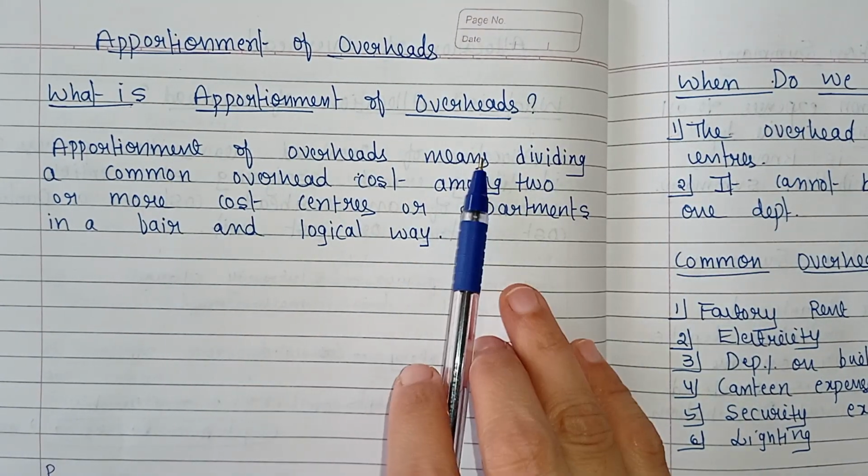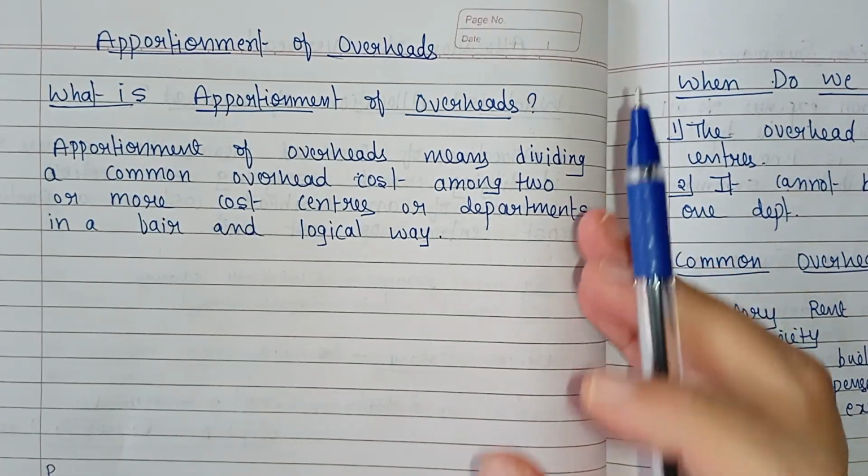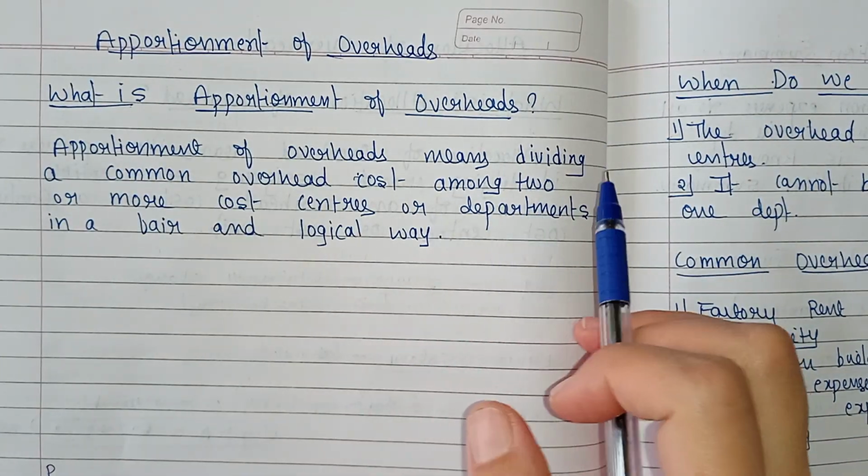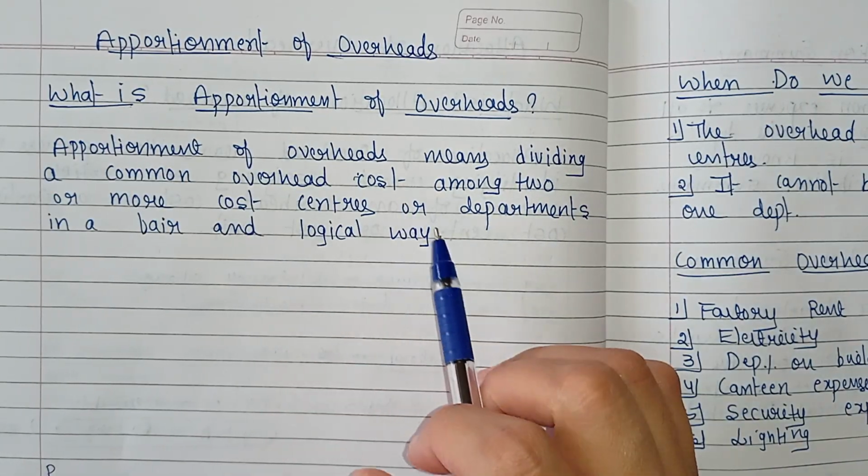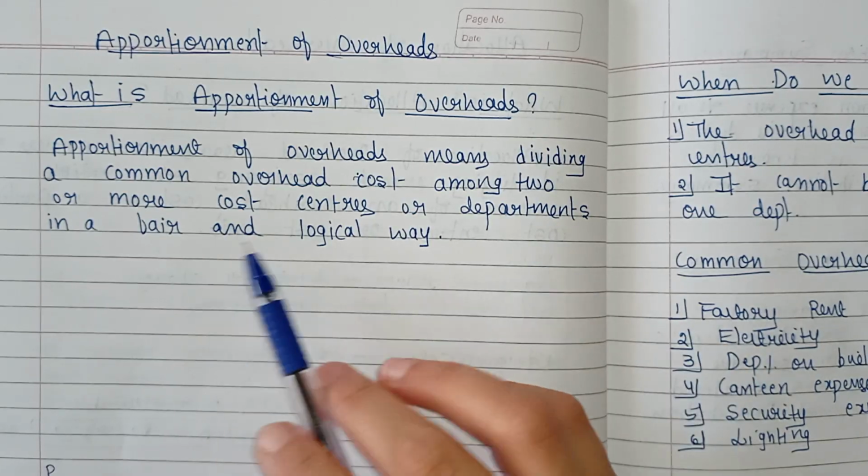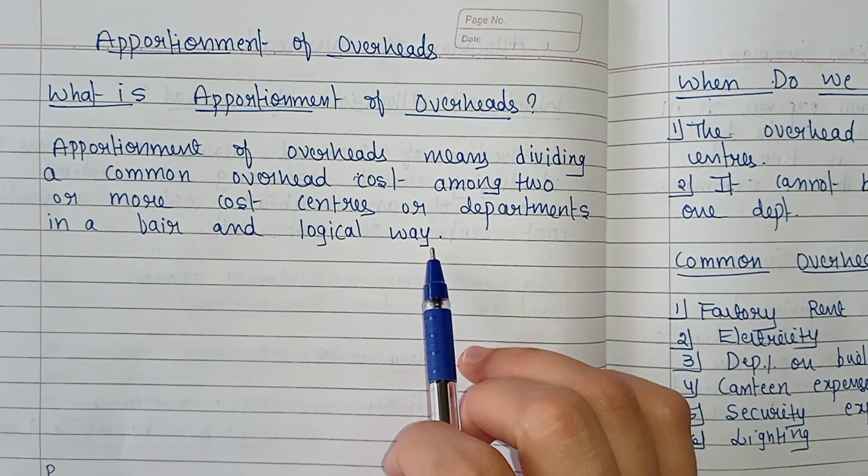Apportionment of overheads means dividing a common overhead cost among two or more cost centers or departments in a fair and logical way.